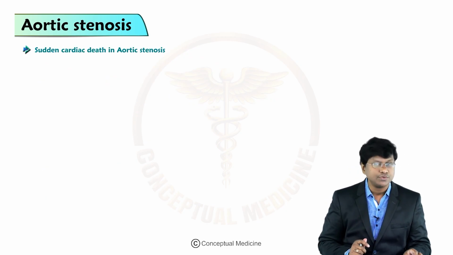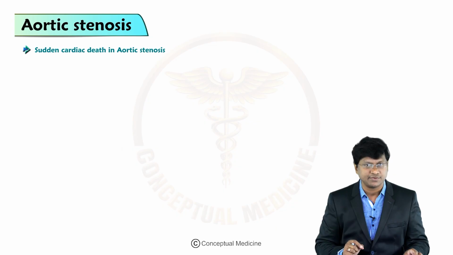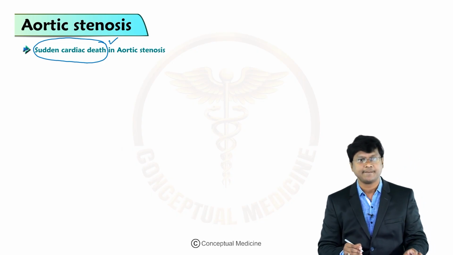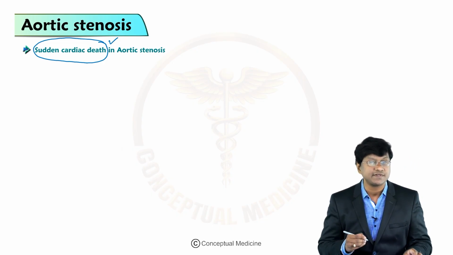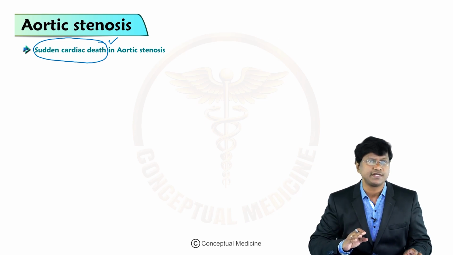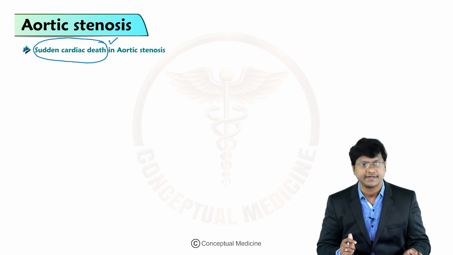Then coming to the complications that can be seen in aortic stenosis. In patients with aortic stenosis, there is an increased tendency of sudden cardiac death, okay? Symptomatic severe aortic stenosis is associated with a high risk of sudden cardiac death.